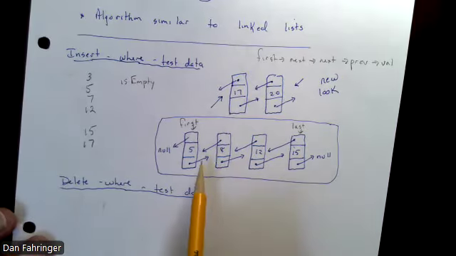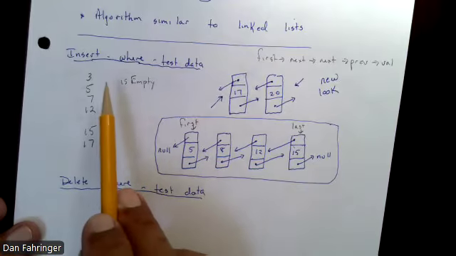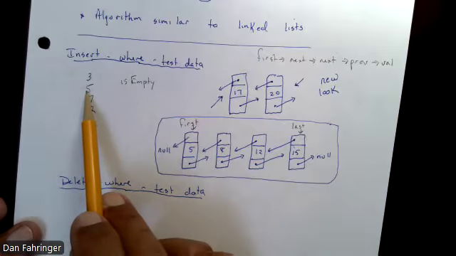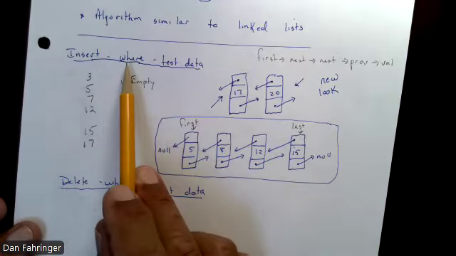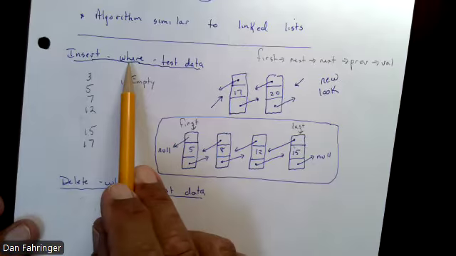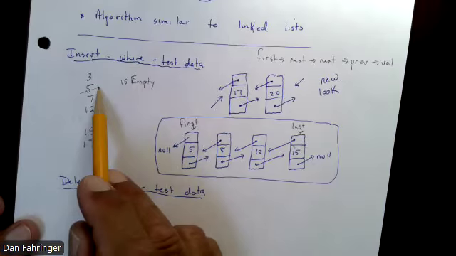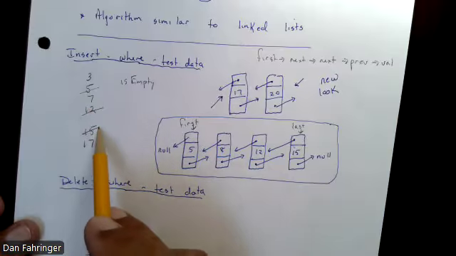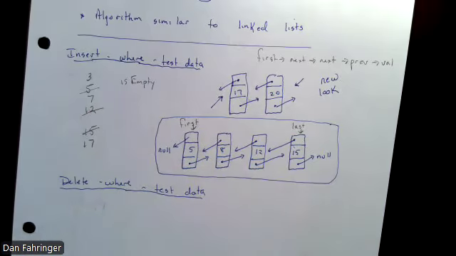So when I come back up here, we got a little goofy. Do we really need to check 5? Remember, we're inserting, not deleting. No. 7 would be a good insert. Not 12, not 15. 17 would be a good insert.